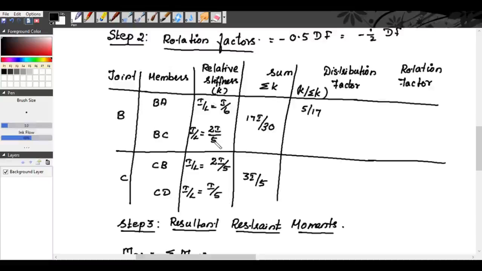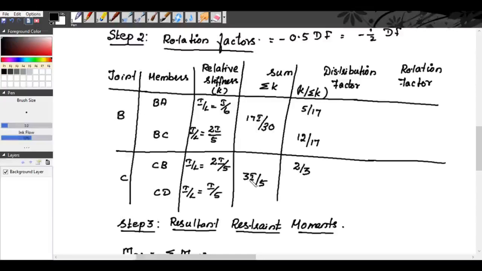Similarly, 2I by 5 divided by 17I by 30, we get 12 by 17. You add these both, 5 by 17 plus 12 by 17, we will get 1. Similarly, for the joint C, 2I by 5 divided by 3I by 5, we get 2 by 3.